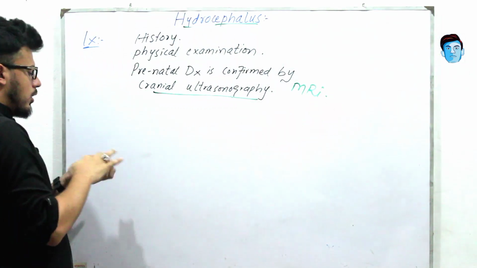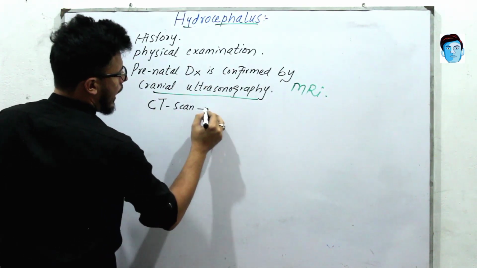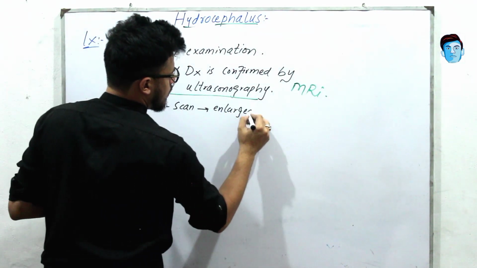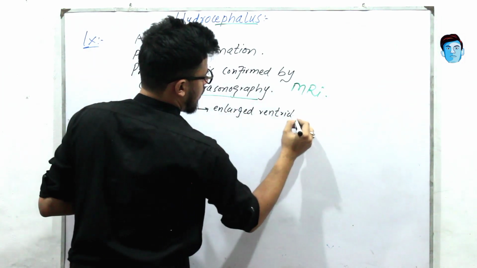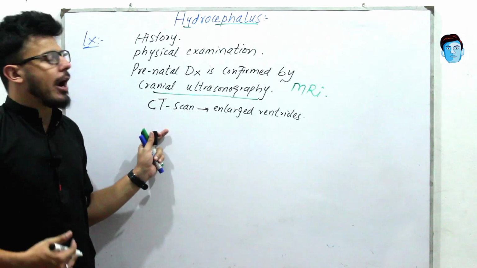Also, we can do a CT scan, which shows the enlarged ventricles. But the X-ray is not very effective in the case of hydrocephalus.